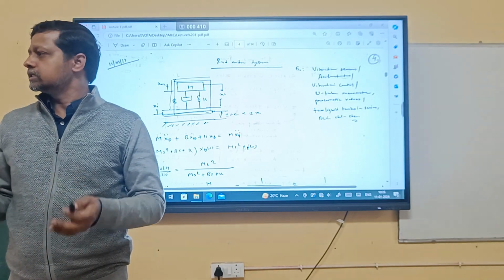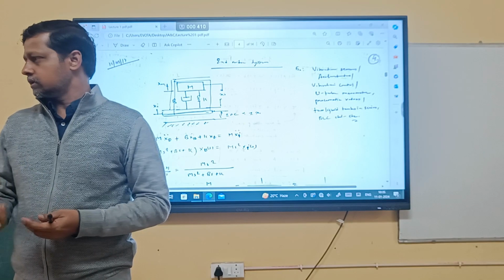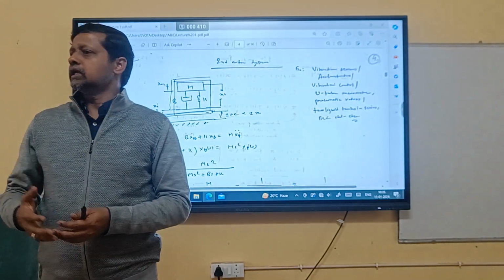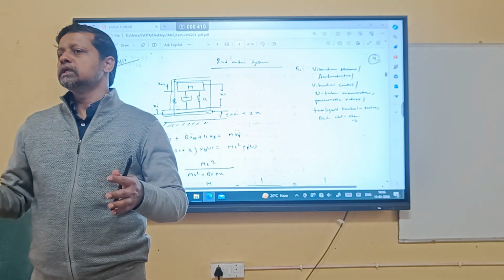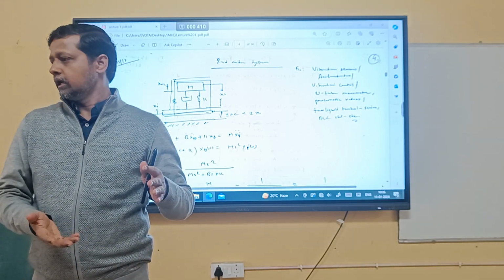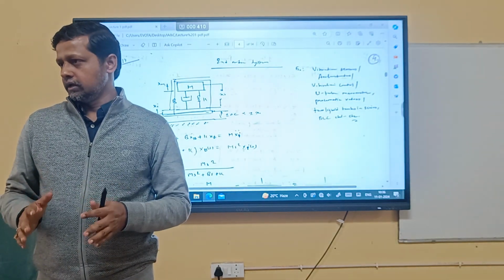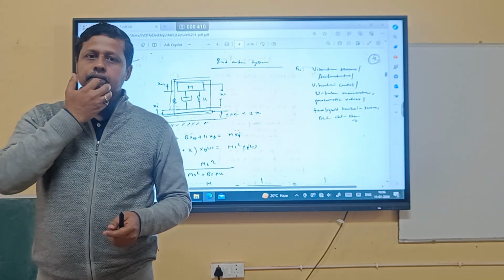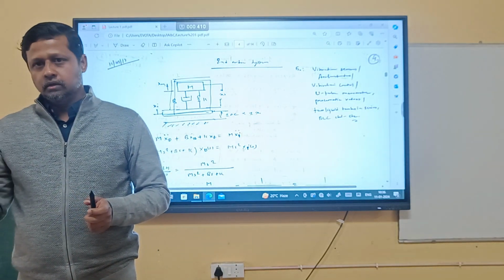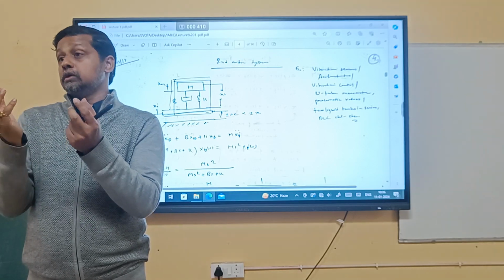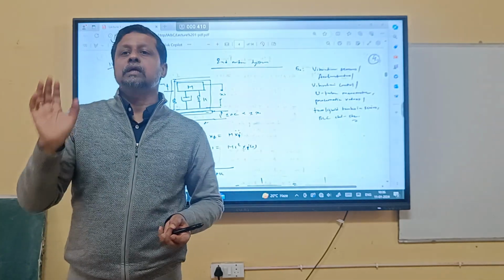Maybe one tank is insufficient, so they calculate your daily and average consumption, see the number of users, and if one tank's capacity is this much, how many tanks of the same size will be needed to serve the users 24/7. That's how they install a number of overhead water tanks. Yes or no? Okay. So if two or more tanks are connected in series, that is an example of a second order system.